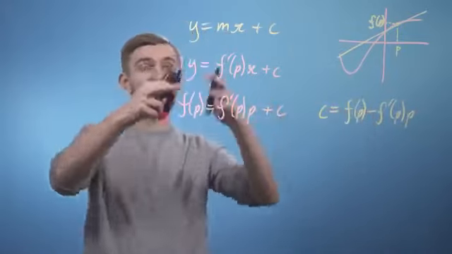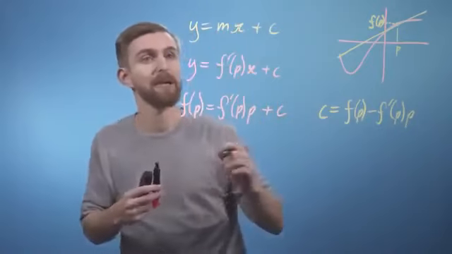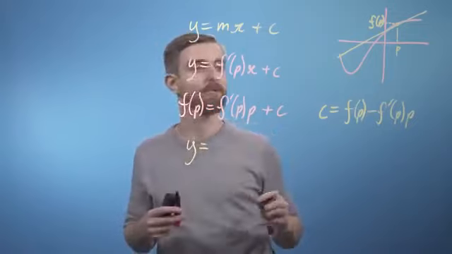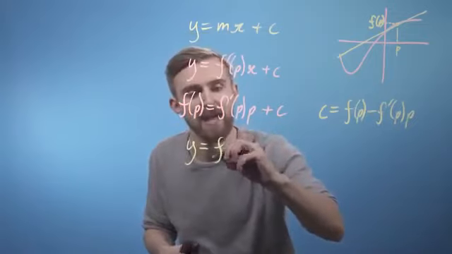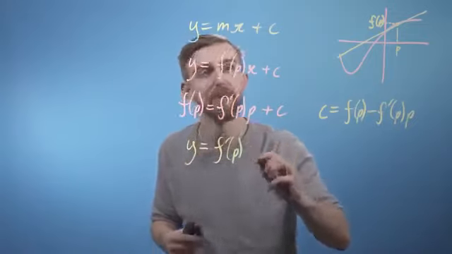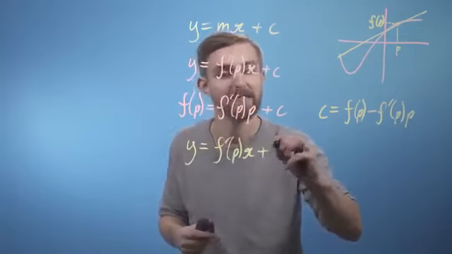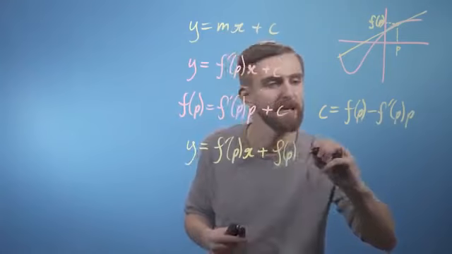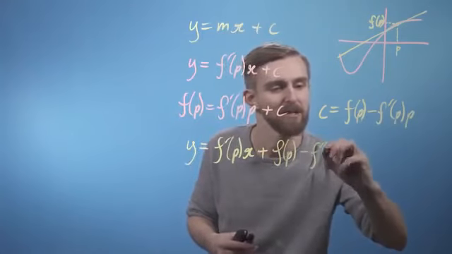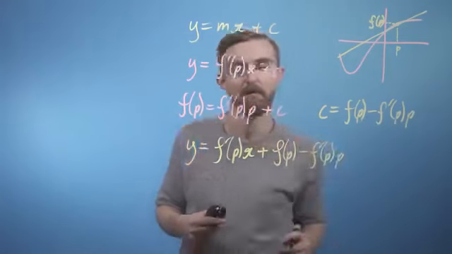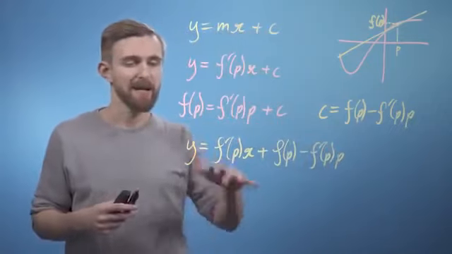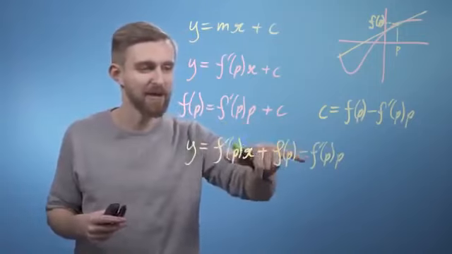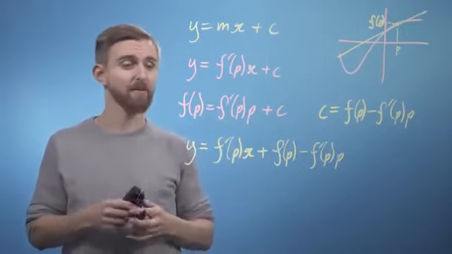Subbing the c back into our general equation, we can now say that this line has the equation y equals m, which is just f dash of p, times x plus c, which is just f of p minus f dash of p multiplied by p. Okay? Now the last thing I'm going to do is take this and factorize this f dash of p out.